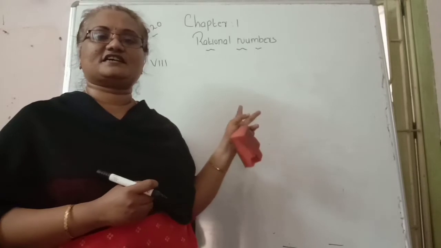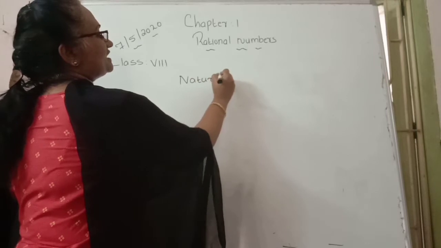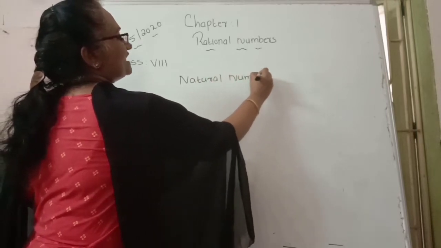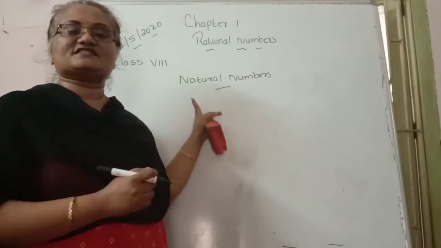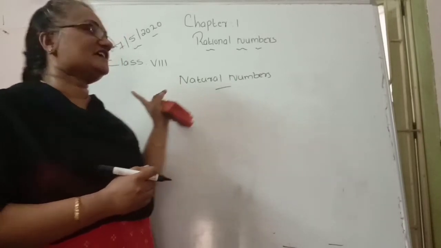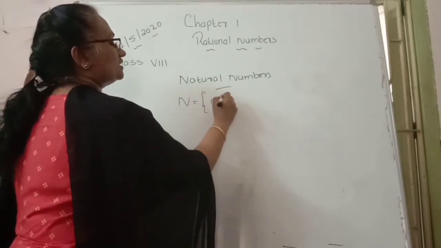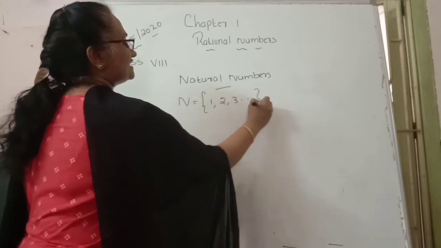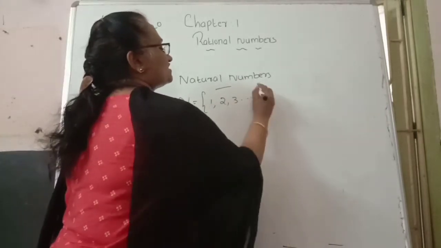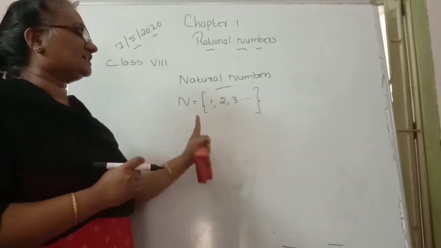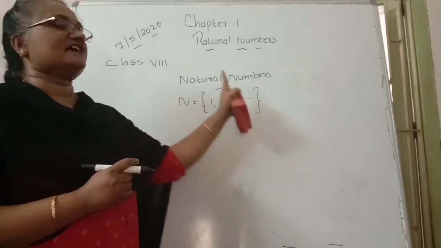Natural numbers means counting numbers. 1, 2, 3, like this, counting numbers, we call natural numbers. It is denoted by the alphabet N equals set of 1, 2, 3, etc. This bracket we call a flower bracket. Read it as set of 1, 2, 3, etc. We call these natural numbers.